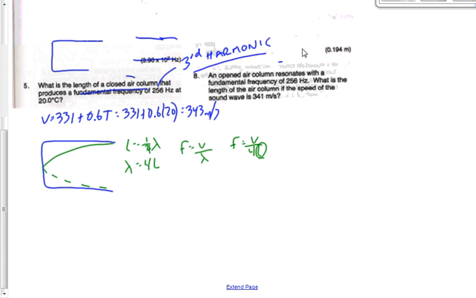Instead of F is equal to V over 4L, which is the equation for the first harmonic, for the third harmonic we'd say it's 3V over 4L. We could still use the frequency that was given to us at 256. Use V, solve for L, and lo and behold, it would be what we would get the other way as well. So get the first harmonic, use the first harmonic equation, or get the first harmonic equation, change it to a third harmonic equation, and then do your thing there.